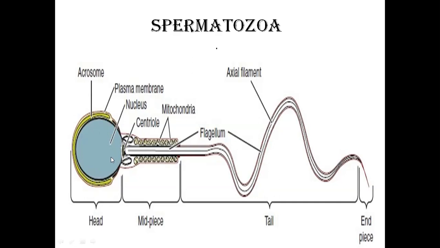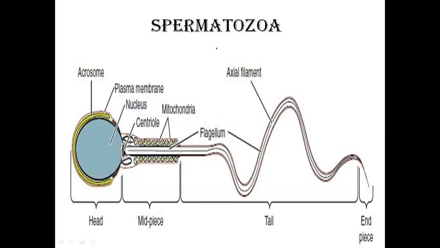Now the head is nothing but the condensation of the nuclear material rich in DNA, and no further replication of DNA is possible after this stage. In the head there is an acrosomal cap, and as we told you, this acrosomal cap is rich in the proteolytic enzyme acrosin, then the hydrolytic enzymes hyaluronidase and neuraminidase, and there is a plasma membrane.